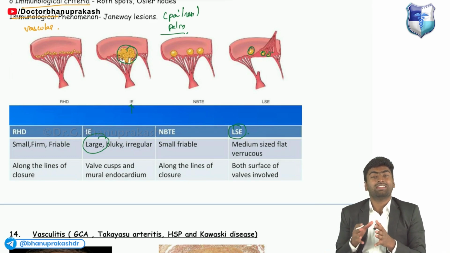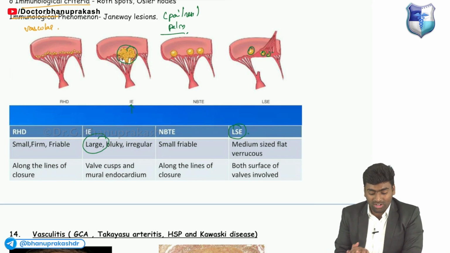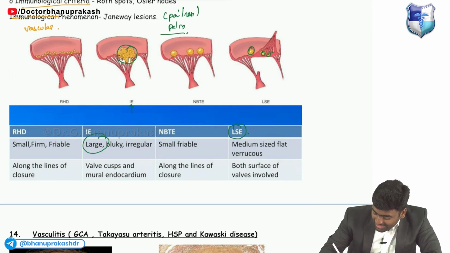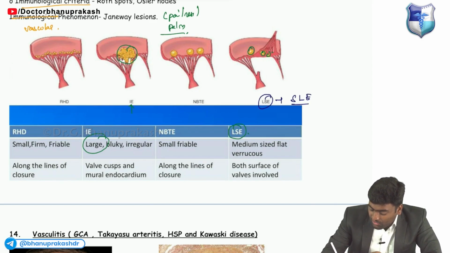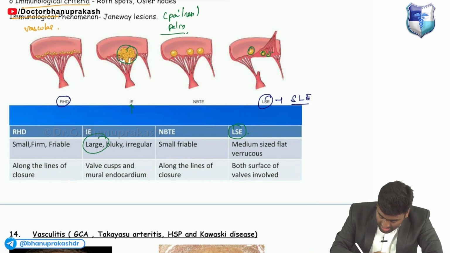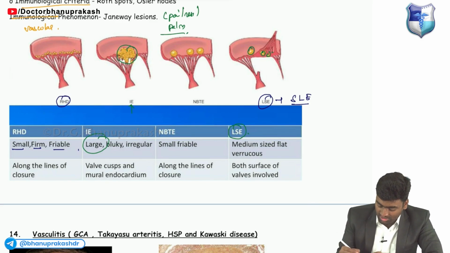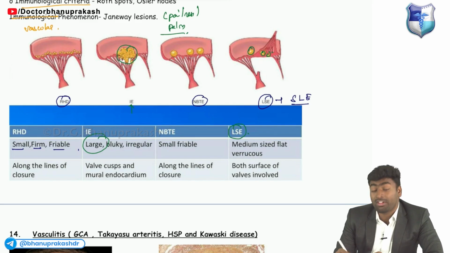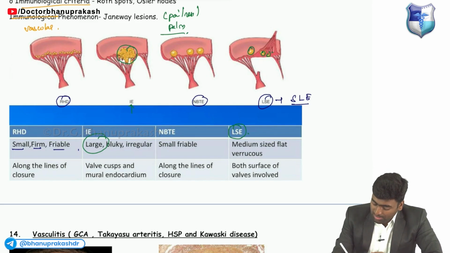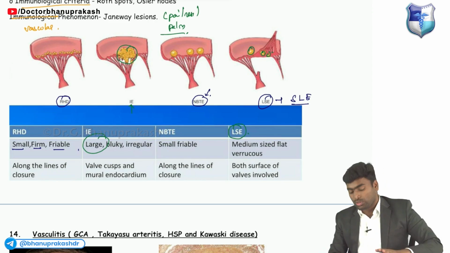Today we studied where we will see Libman-Sacks endocarditis. Yeah guys, it will be seen in a case of SLE. Whereas in rheumatic heart disease, we will see small, firm and friable vegetations. Good guys. There is also one more thing seen in tumors, non-bacterial thrombotic endocarditis, which will be mostly seen in leukemias.